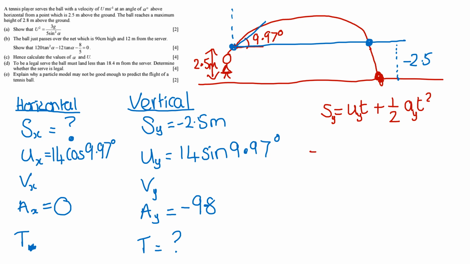So we've got minus 2.5 equals, if we work this one out, let's have a look if that's a nice number. I doubt it.